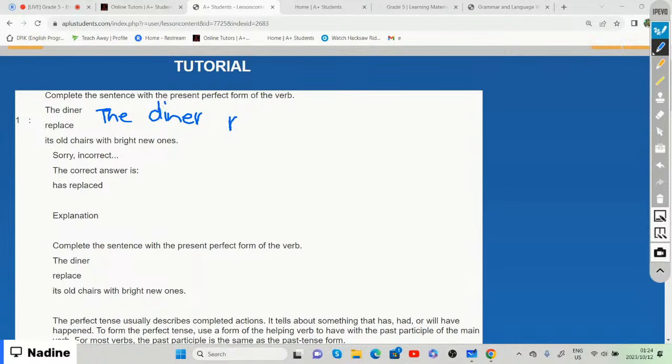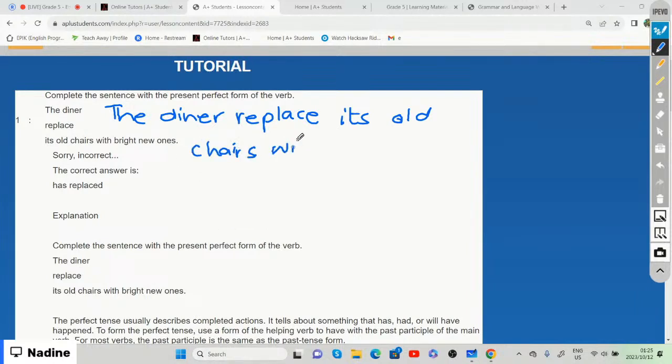So basically, the diner replaced its old chairs with the bright new ones, which means that they got rid of the old chairs and then they got new brighter ones.